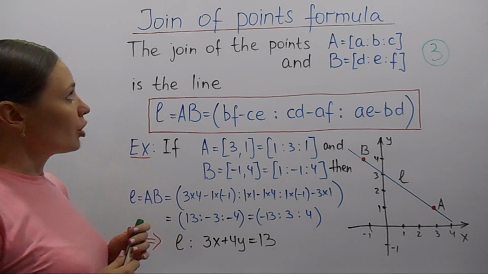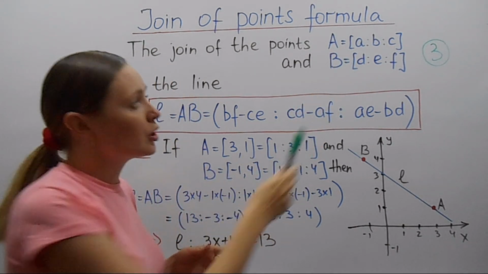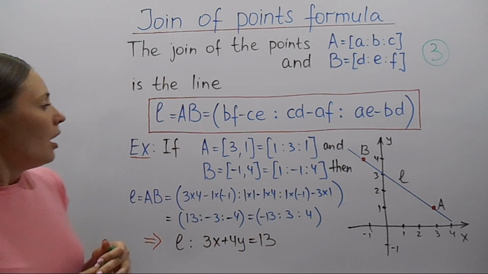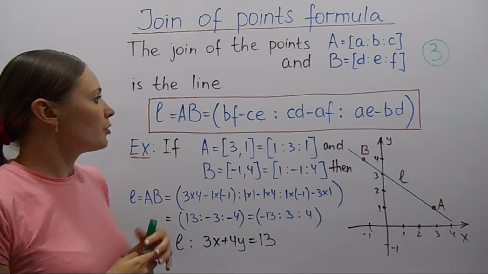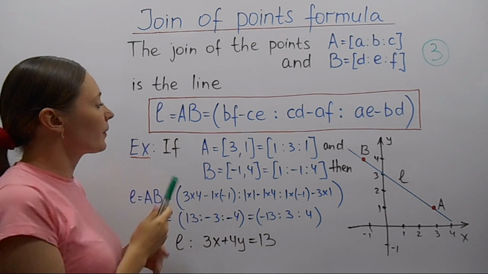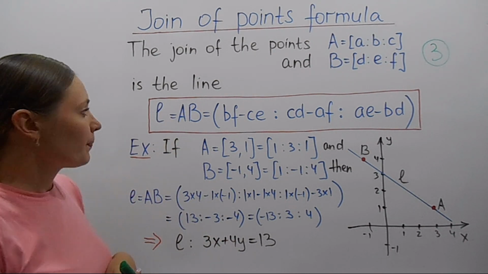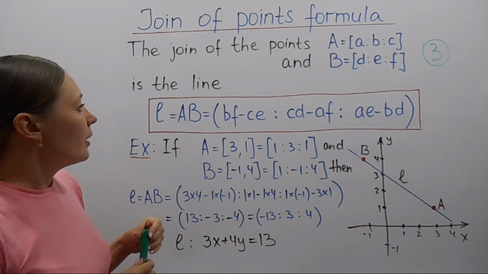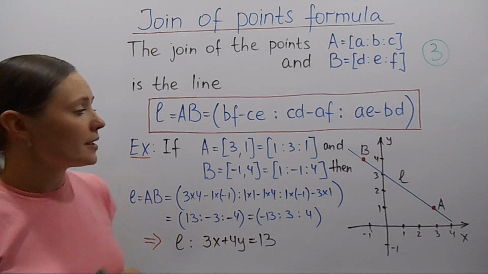Okay, so the join of the points A and B, where the point A is (A, B, C) and the point B is (D, E, F). This is the following line L, which we're first going to write as AB. So AB means the line that joins A and B, the line that passes through A and B. And here is the formula for it, projective coordinate wise.